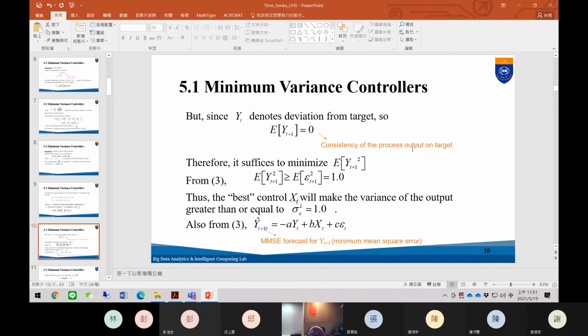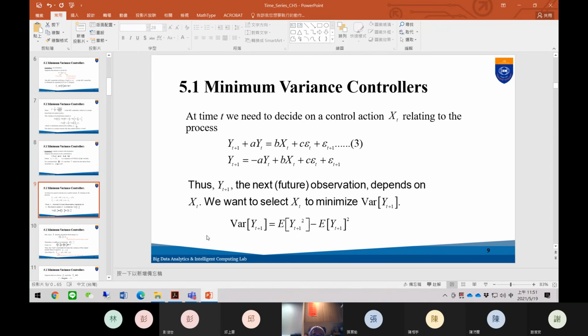This is the consistency of the process output on target. Therefore, it suffices to minimize the expected value of Y_(t+1) squared. So in order to minimize the variance of Y_(t+1), that is equal to minimizing the expected value of Y squared only.